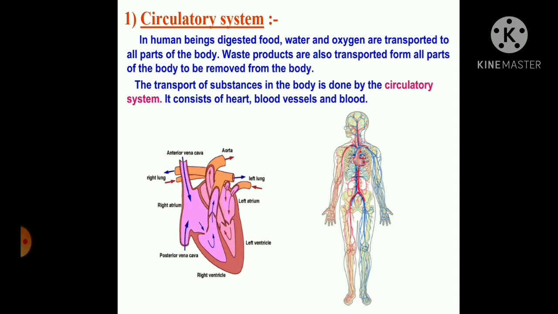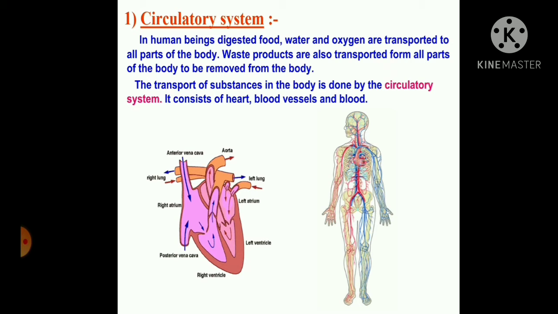So let's learn what is circulatory system. In human beings, digested food, water and oxygen are transported to all parts of the body. Waste products are also transported from all parts of the body so that they are removed from the body.